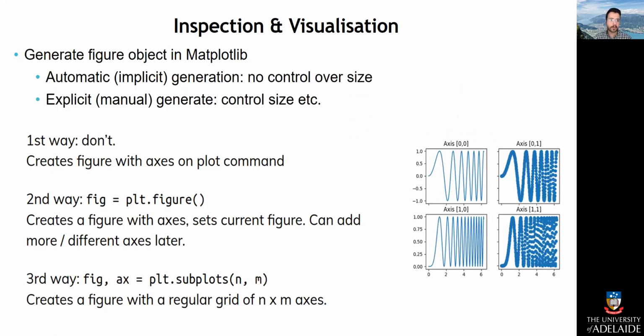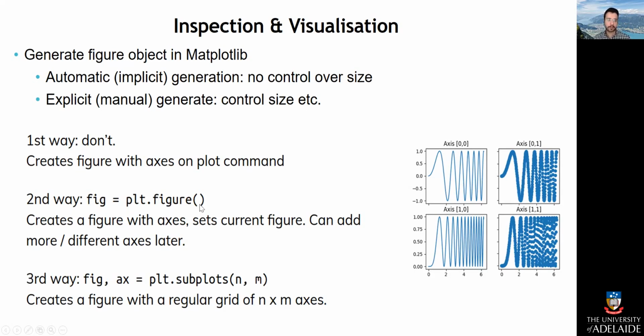Another recommendation when you're using Matplotlib is that every time you plot or visualize something, it's better to generate a figure object. The figure object in Matplotlib is the base object that deals with every kind of plot. Whether you create it explicitly or not, this figure object is going to be created in the background.